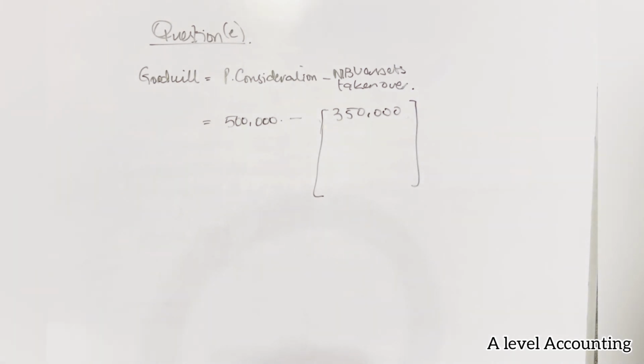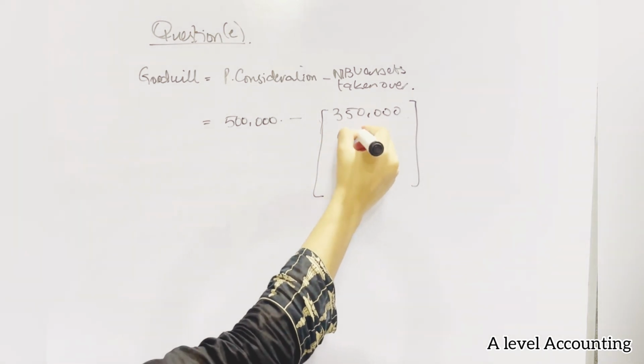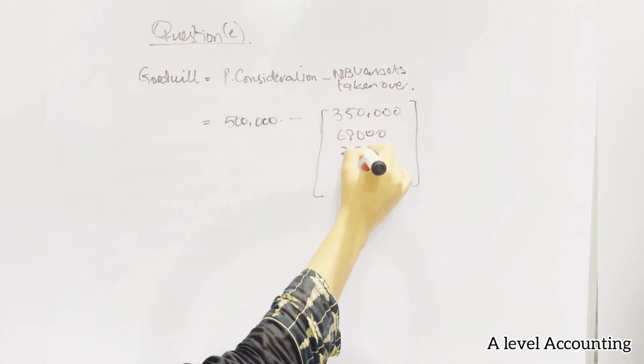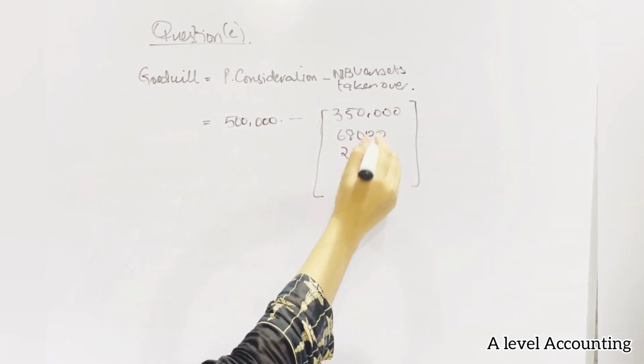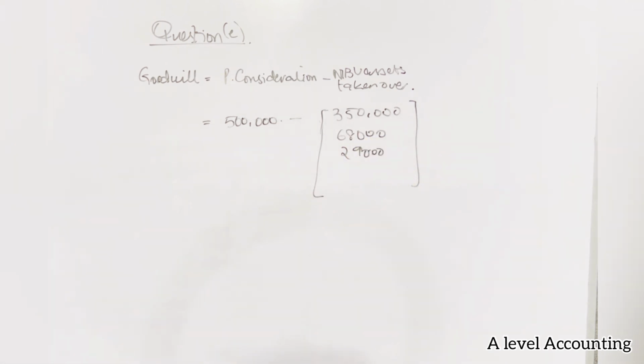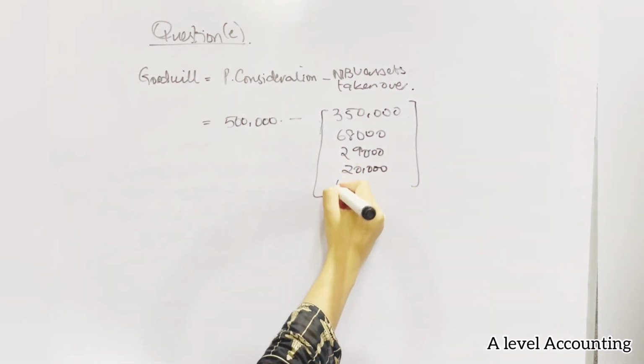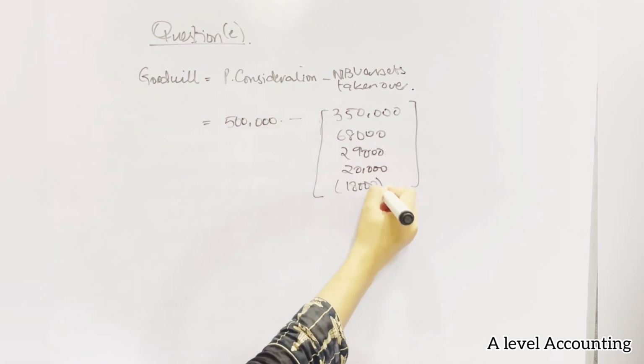Then we have the property and equipment at 68,000. The motor vehicle left was 29,000. One was taken over by Alan, the other is worth 29,000. Then we have inventory valued at 20,000, and lastly we have trade payables that were taken over by Z Limited at 18,000.